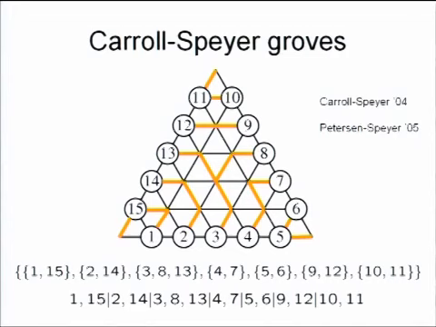Okay, so this is another example of groves which came up in enumerative combinatorics of Carroll and Speyer, and also Petersen and Speyer, but I'm not going to say any more about that.